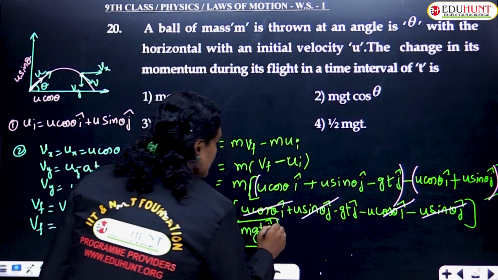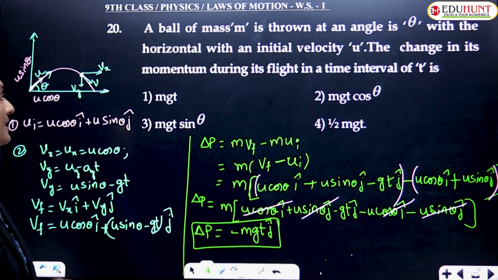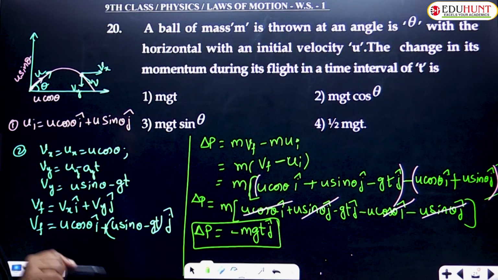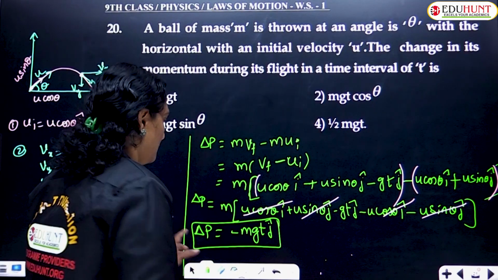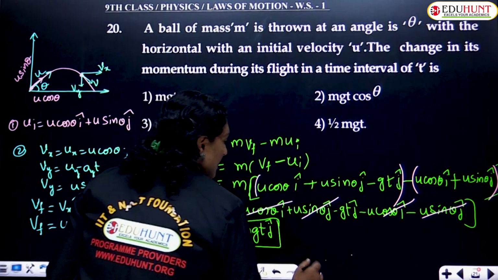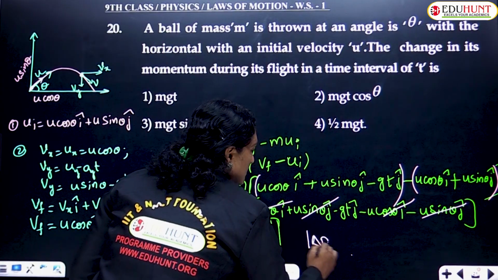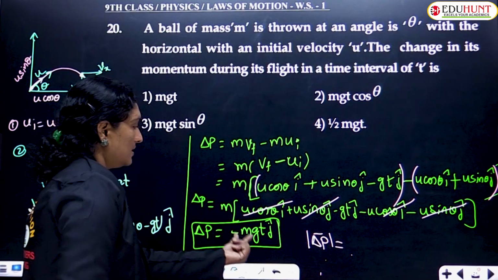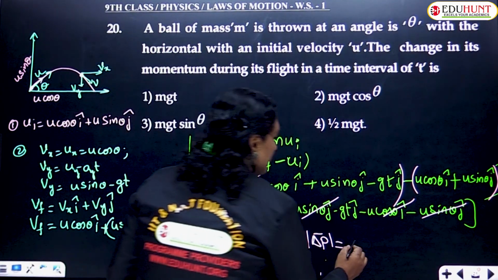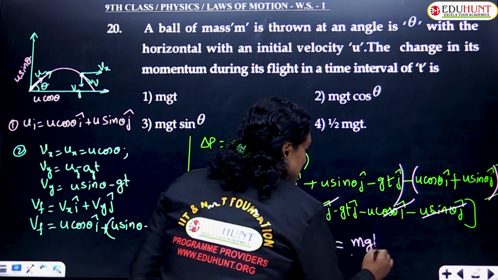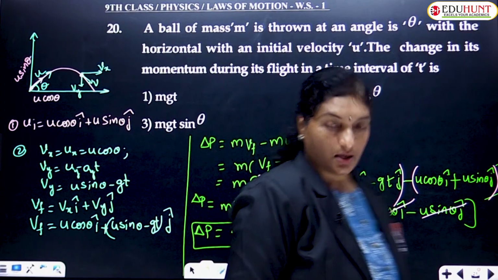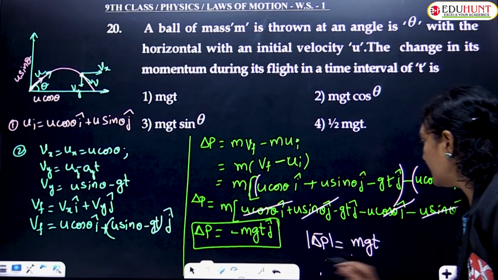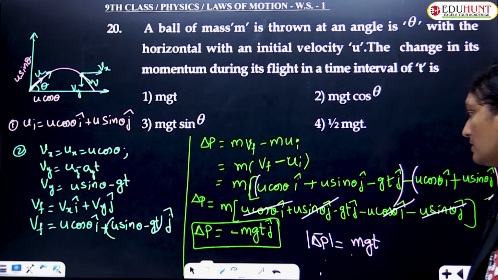The value of the change in momentum is given by minus mgt j cap. That's it. And if you would like to find the magnitude of the change in momentum, the magnitude of this is given by mgt.